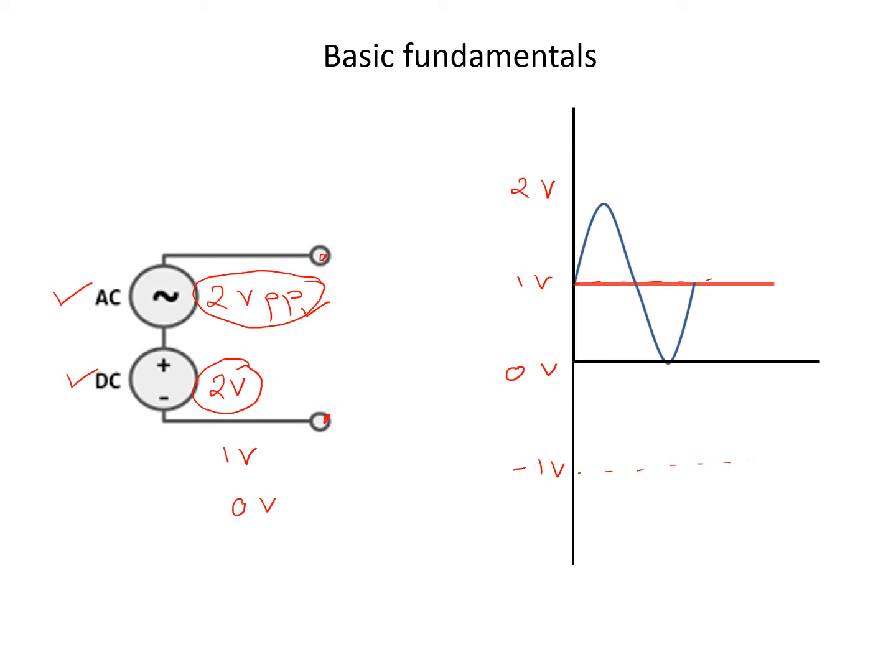If you see the waveform now, it will be shifted down. And finally, if I make it minus 1 volt, the waveform is shifted again. So this shows that the AC signal gets shifted by the DC magnitude, and this concept would be very useful while understanding the classes of operation.